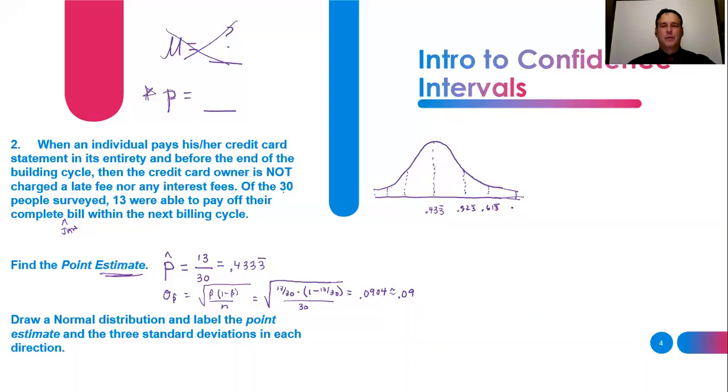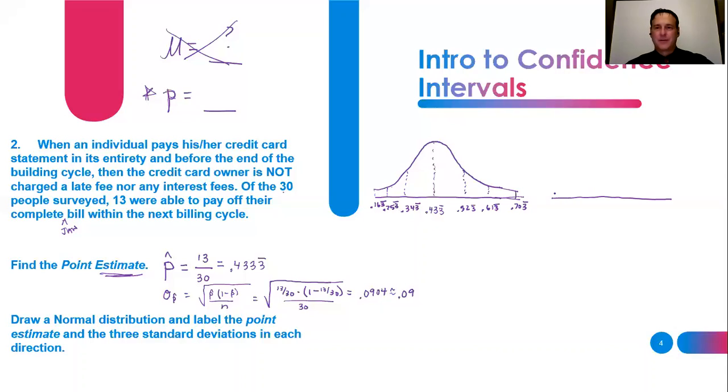And the last one is 0.703. And if you go the other way, it is 0.343, and then 0.253, and the last one is 0.163. And remember 1, 2, and 3 standard deviations, just like before.